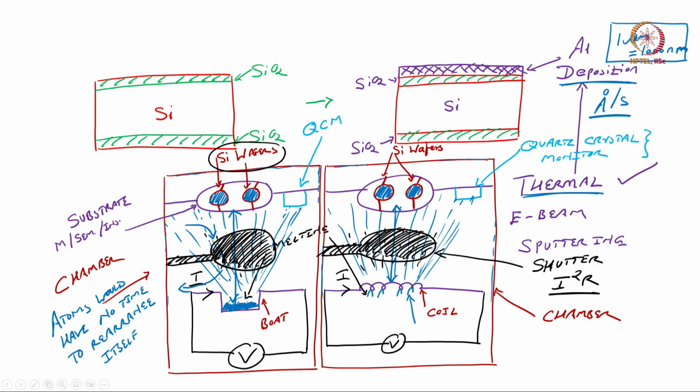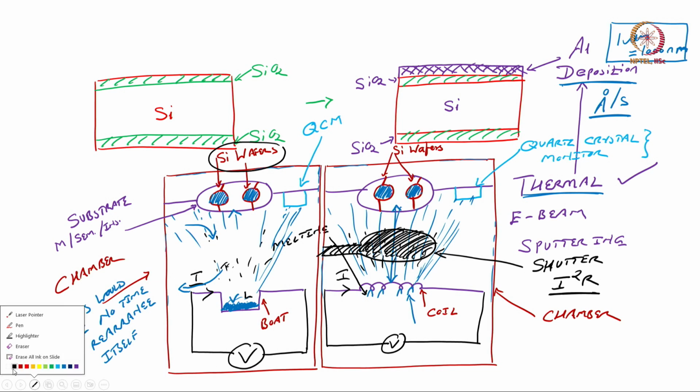When we remove it from the path, shutter is out of the path, it can be on the side, like this, right, and then it can start.